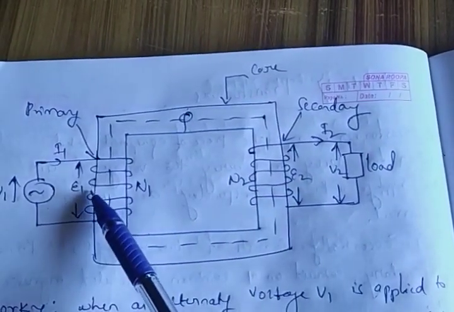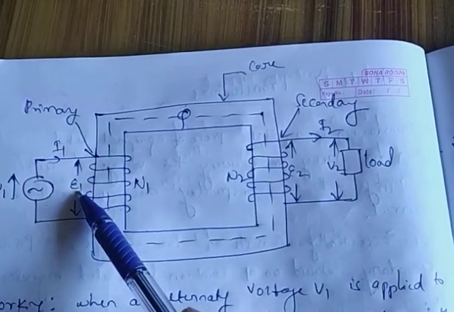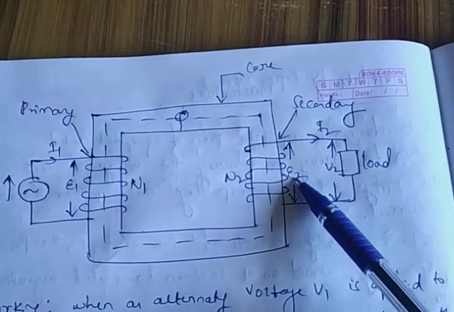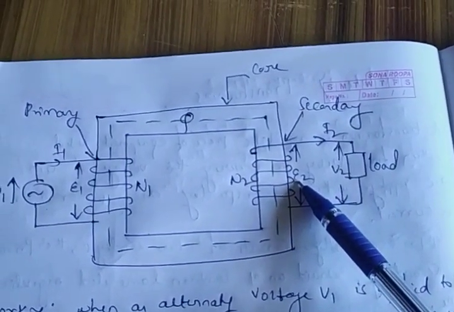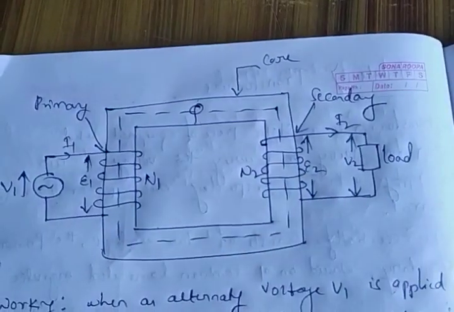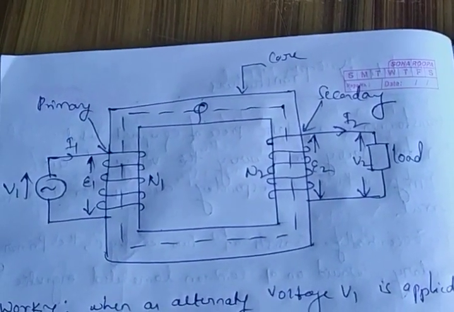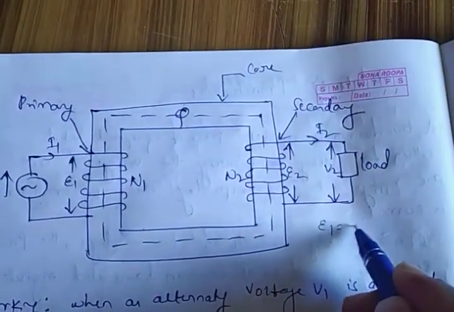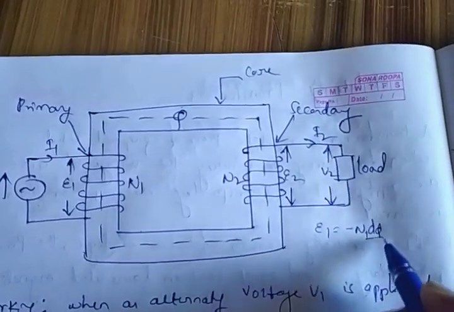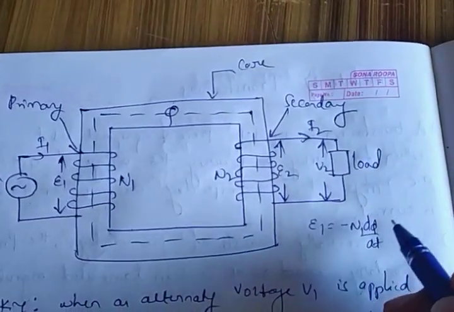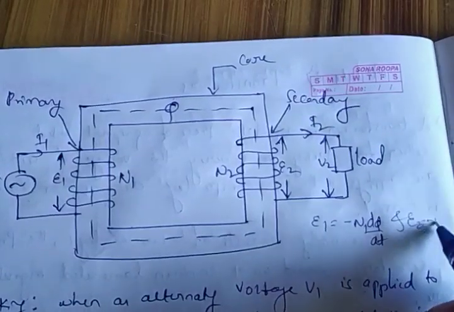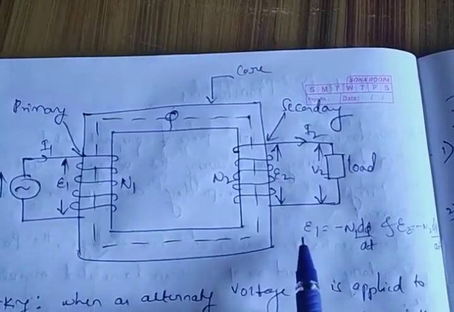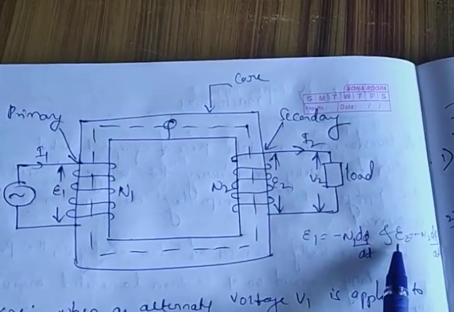So the mathematical equations can be written as E1 is equal to minus N1 into d phi by dt, and E2 is equal to minus N2 into d phi by dt, that is the induced EMF in the primary and secondary.